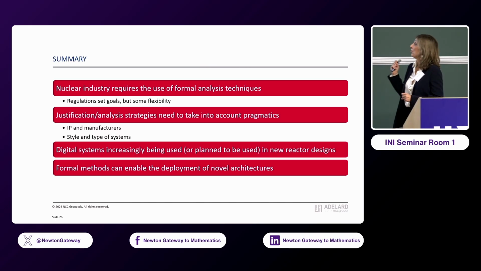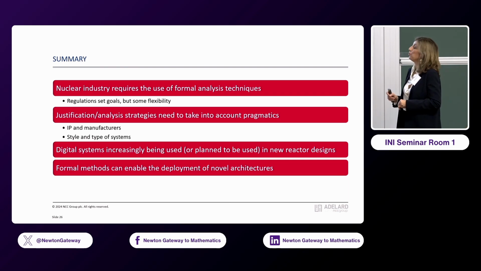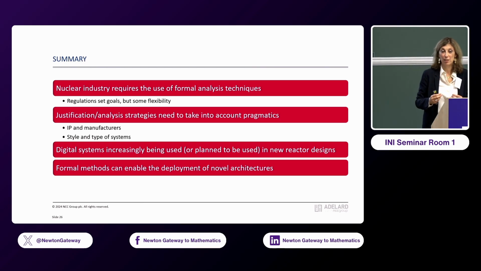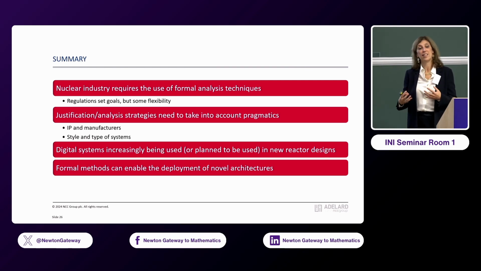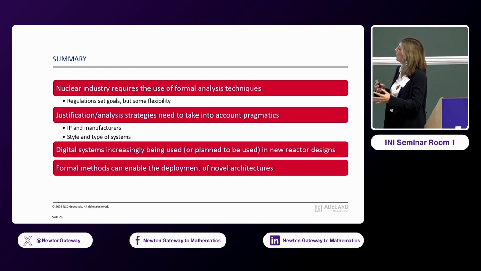So, summary. Lots of time for questions, excellent. In general, the regulations say yes, you should do some sort of formal work. It doesn't really tell you what it is or how much you do. So there's a level of flexibility there, and you need to explain why you're doing it. The goals are there, but they're quite flexible.